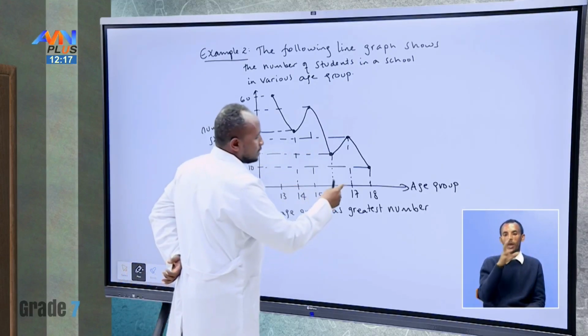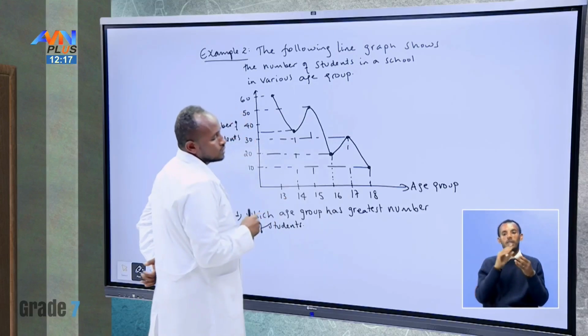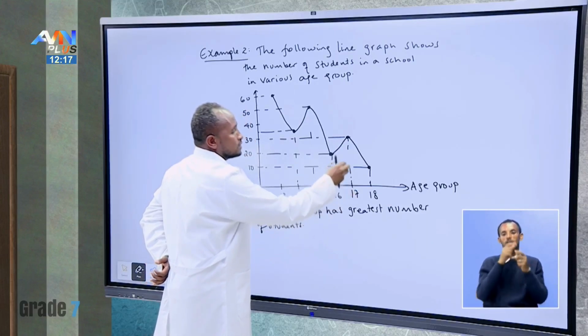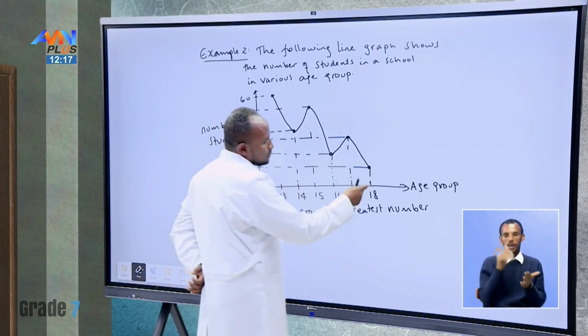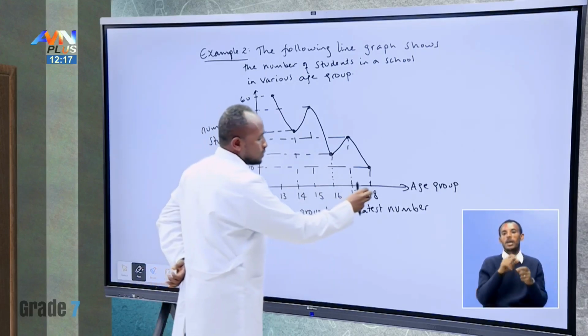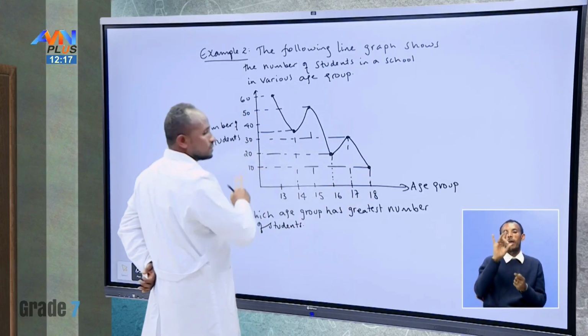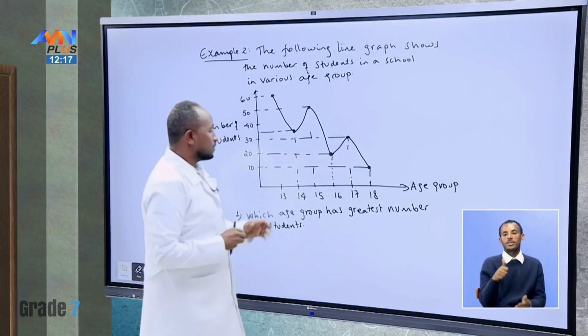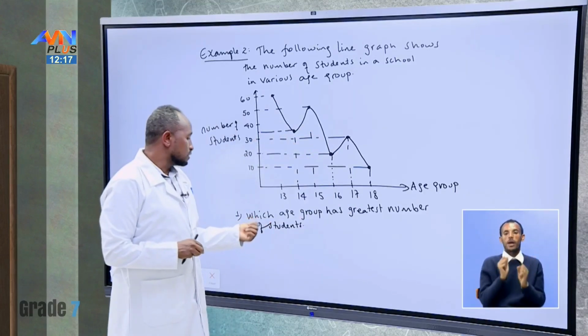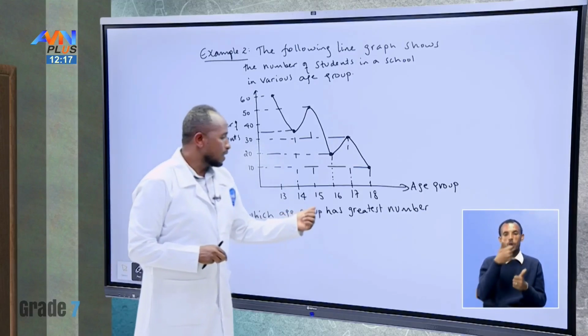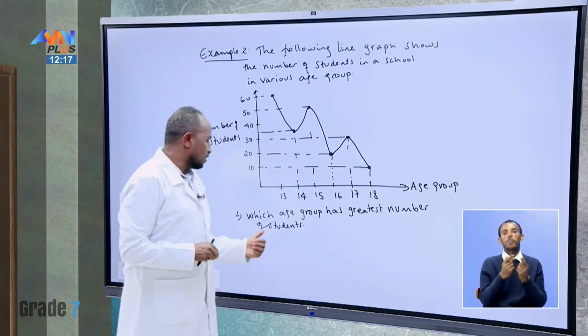And here you have the number of students whose age group is 17 is 30. And again here, the number of students whose age group is 18 is 10. Therefore, from this line graph, we can answer the first question: which age group has the greatest number of students?